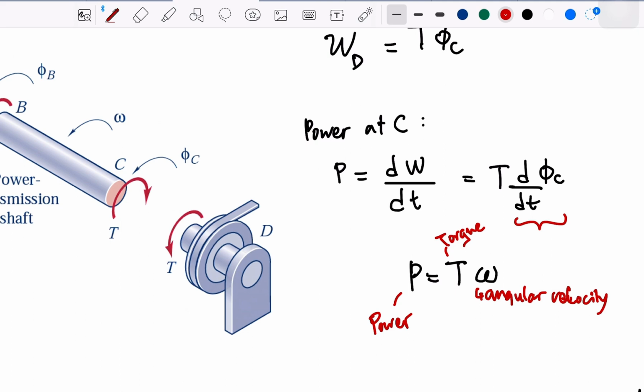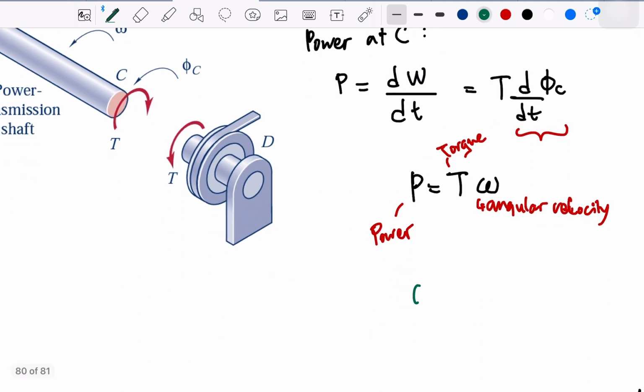While the angular velocity, if you remember in physics, it is equal to 2 pi times the frequency. This is the rotation speed, so this is going to be equal to revolutions, 1 revolution per second.